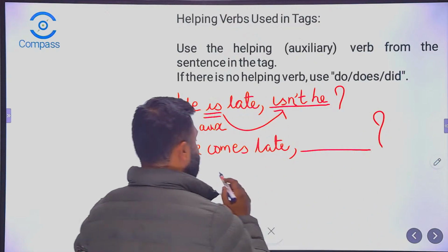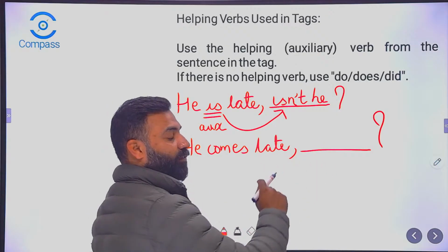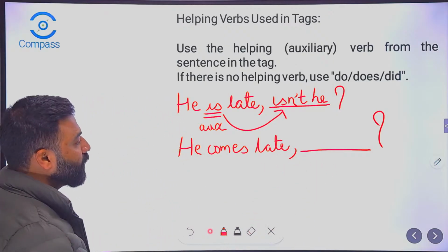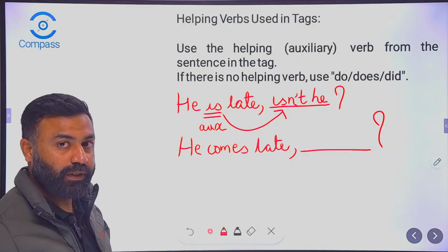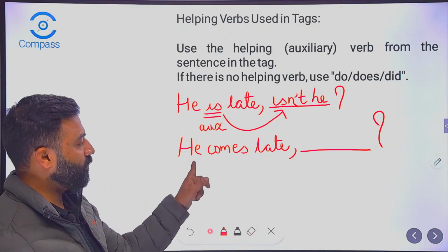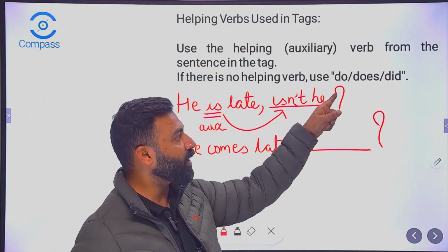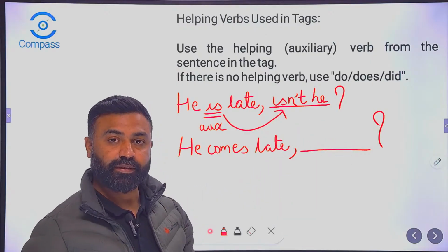Okay, the sentence is positive. We need to provide a negative question tag, but we do not have an auxiliary verb. So let's read: if there is no helping verb, use do, does, or did.